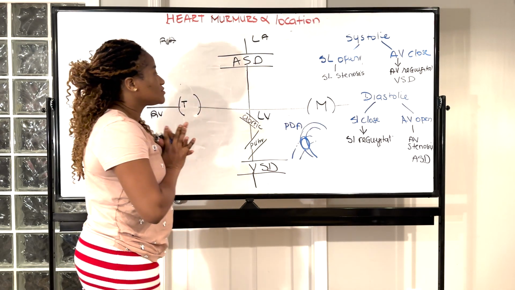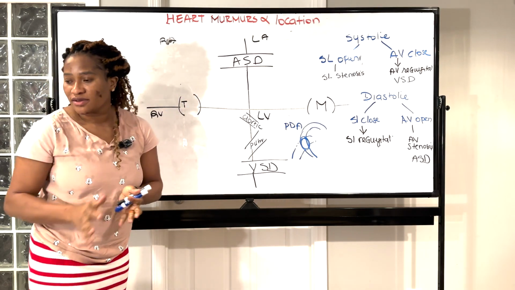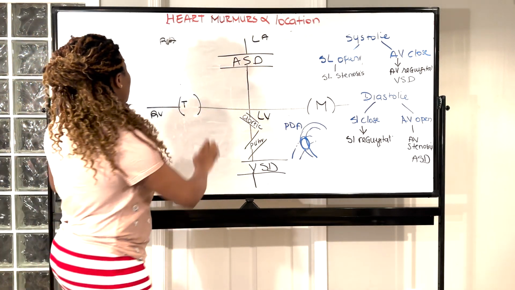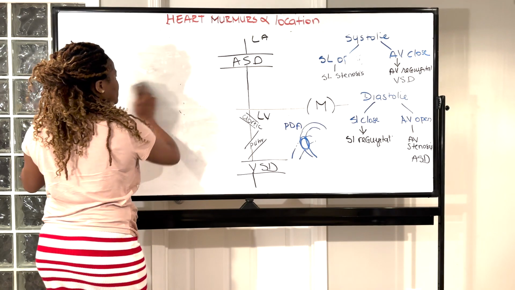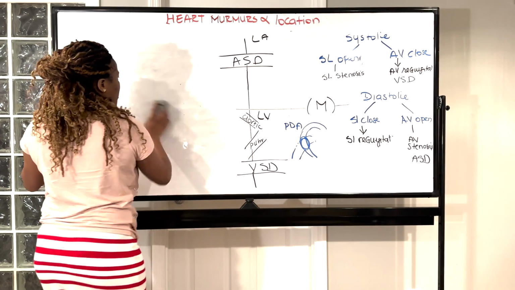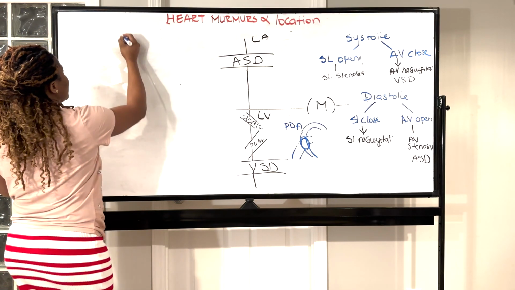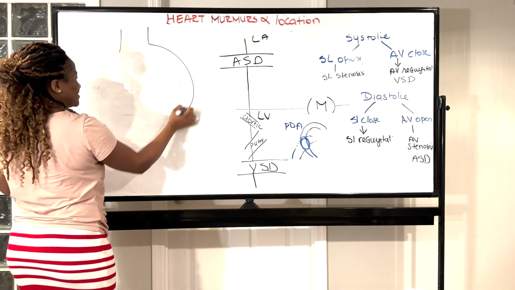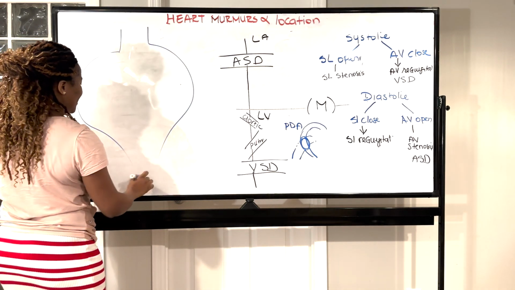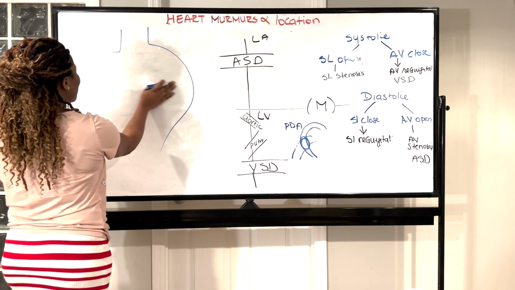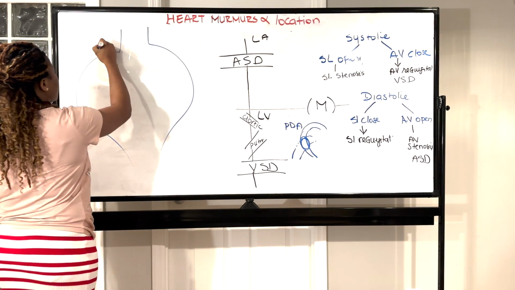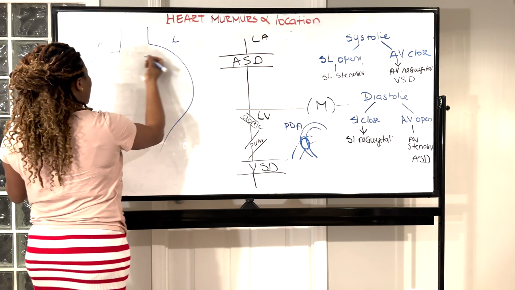Now let's look at the location of these murmurs. Where can we locate them? So if here is my chest, I'm sorry. So here I have the right side, I have the left side.